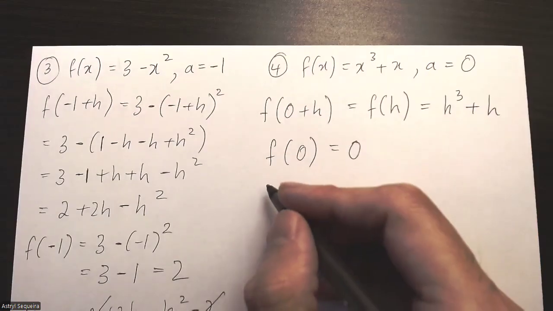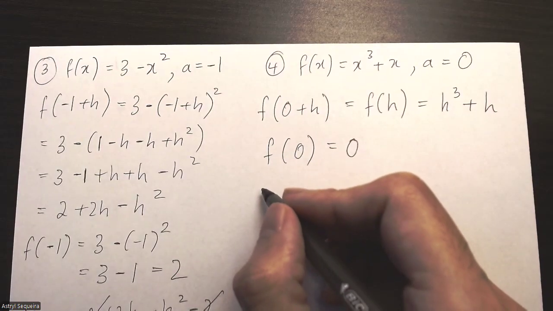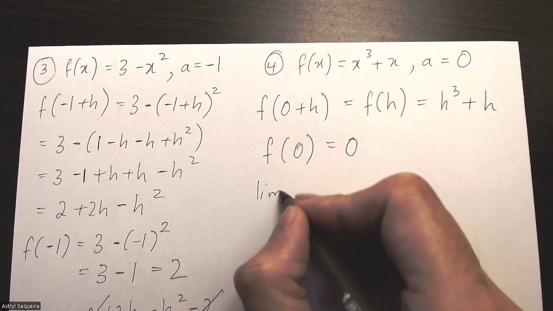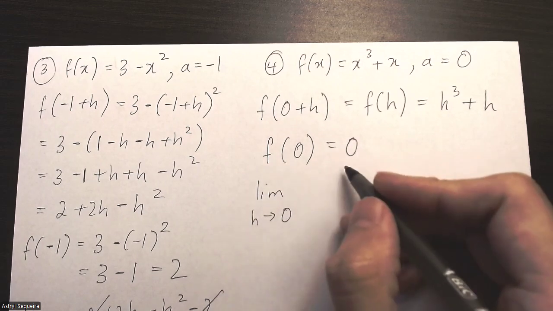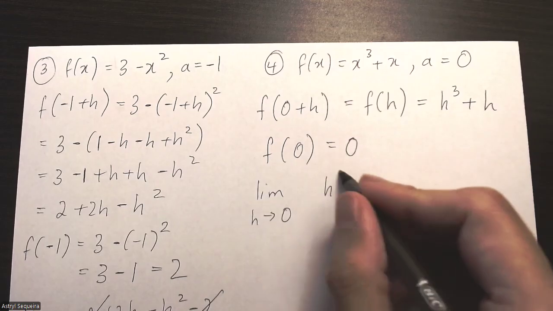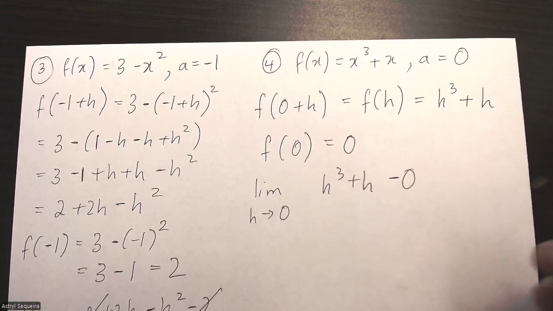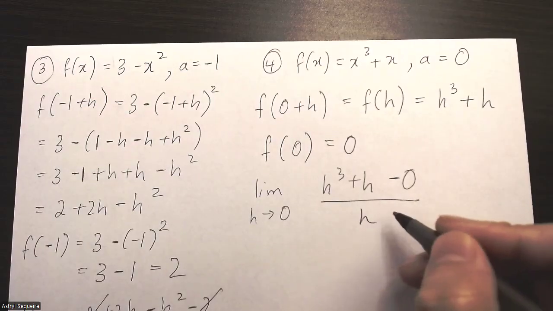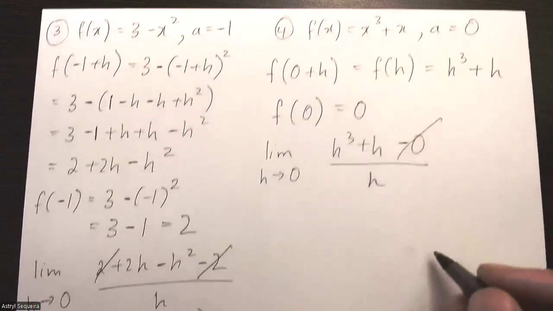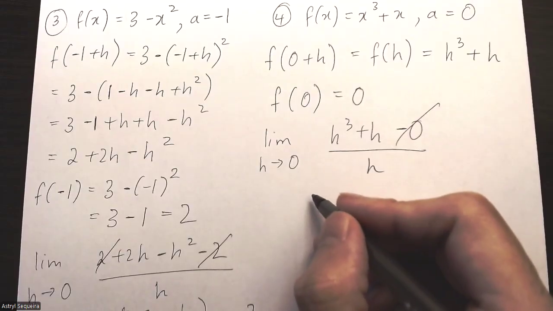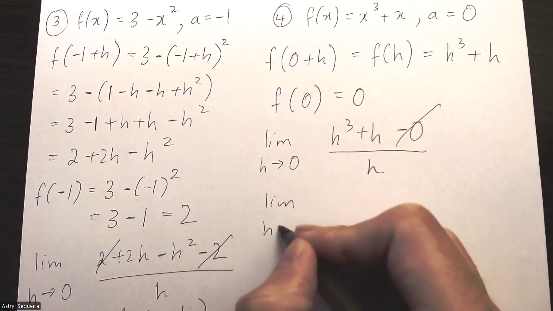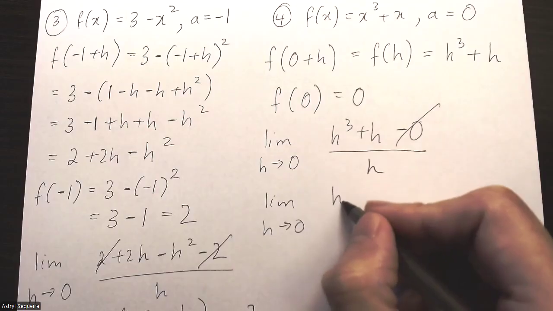Now I can put it into my main equation. So the limit as h approaches 0 of h cubed plus h. I guess technically you don't need the minus 0 because it doesn't mean anything. Divided by h. I can factor out an h on the top.